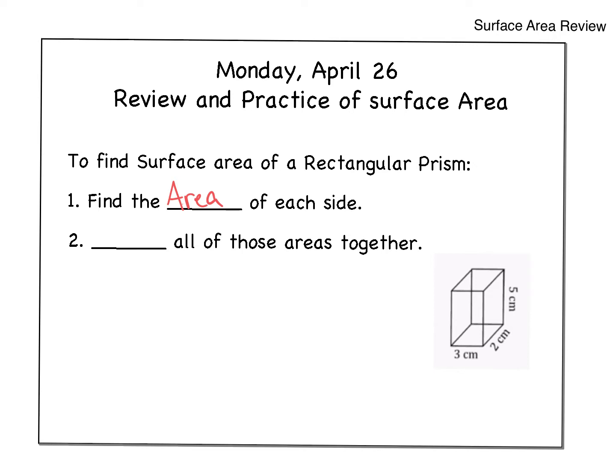You find the area of each rectangle on the prism. And then for step 2, you'll add all of those areas together. Now today when we practice, we're going to find the area of 3 sides, add those together, and multiply by 2. So let me show you what I mean.